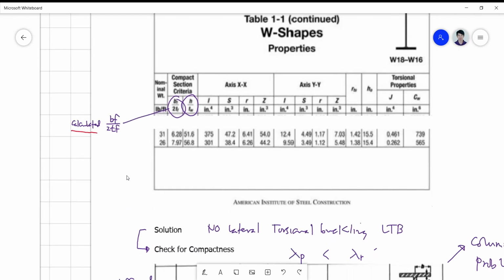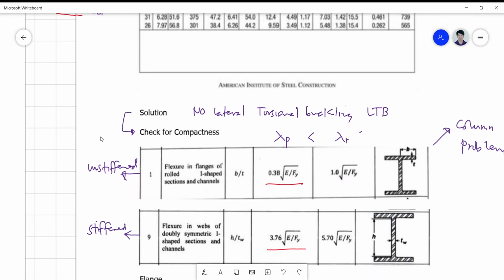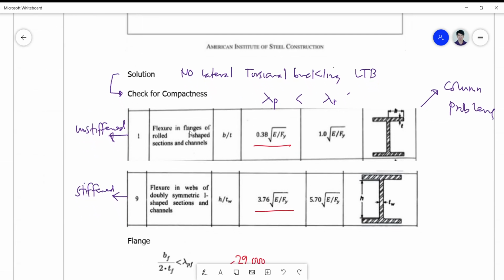Okay, for the first step, on the checking of the compactness, we need the table for unstiffened and stiffened values of your lambdas of p and lambdas of r. And we take note that lambda p is always less than lambda r here. So we might as well check compactness first before we check on the lambda r limit.